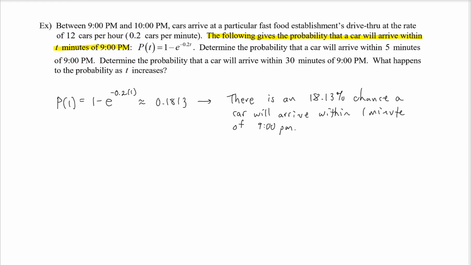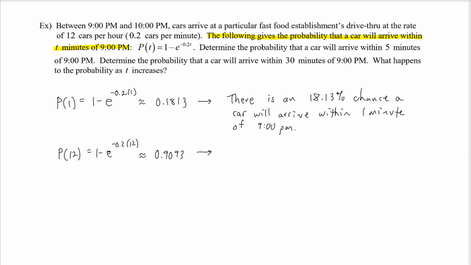So by plugging in t, you're finding out the probability that a car will arrive within that many minutes of 9. Just to do one more, let's say you plug in 12. So it'd be 1 minus e to the negative 0.2 times 12 power. Again, use a calculator. We get 0.9093.